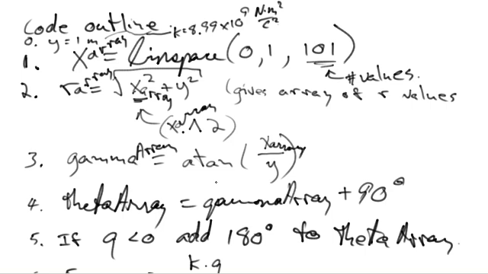The gamma array, so that's that upper angle, is the arctangent of the X array. I think I want to work strictly in degrees. I choose to work in degrees. So I think what I've got to do is stick a D on the end of that.